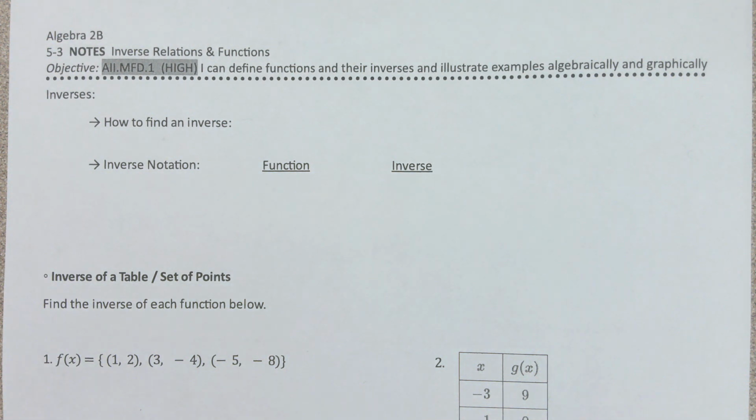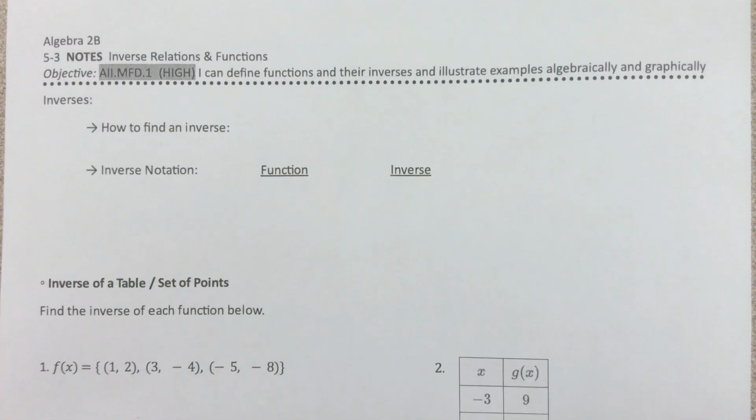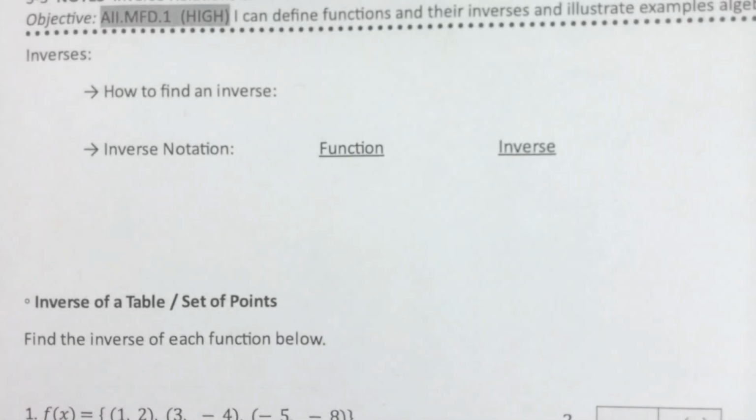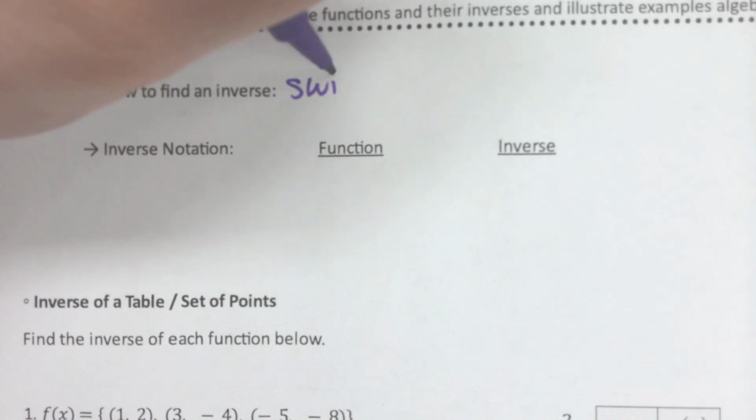All right, today we are talking about 5-3 inverses. There is a very easy kind of definition we can assign to inverse. How to find an inverse? Switch x and y.